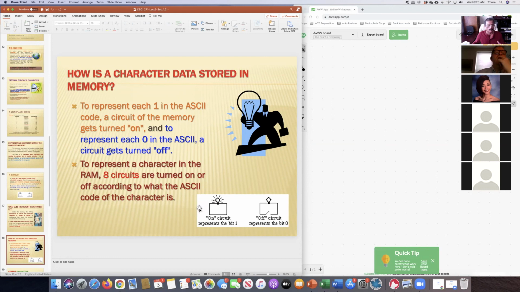So to represent 1, a circuit will be turned on. To represent 0, a circuit will be turned off. So in our ASCII code, we write 1 and 0, but really inside the computer memory, they will be on and off. So remember, 1 will be on, 0 will be off. You have to use that coding correctly.